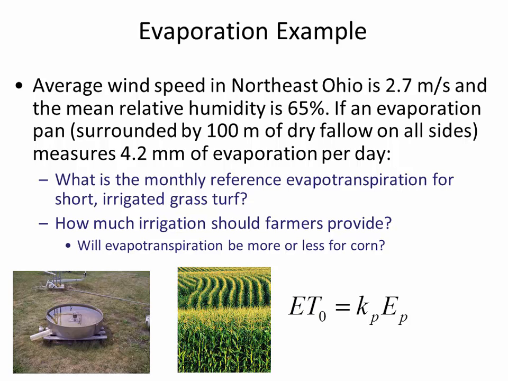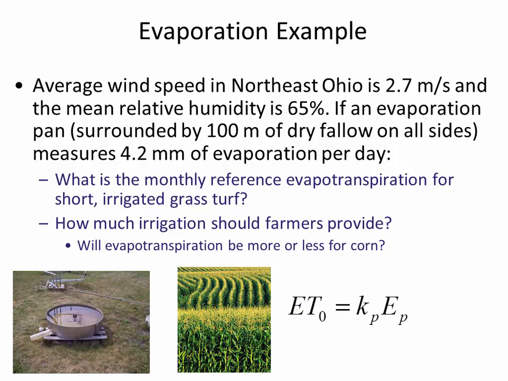All right, so the weather parameters we have is relative humidity, 65%, and it's surrounded by 100 meters of dry fallow, and then wind speed is 2.7 meters per second.